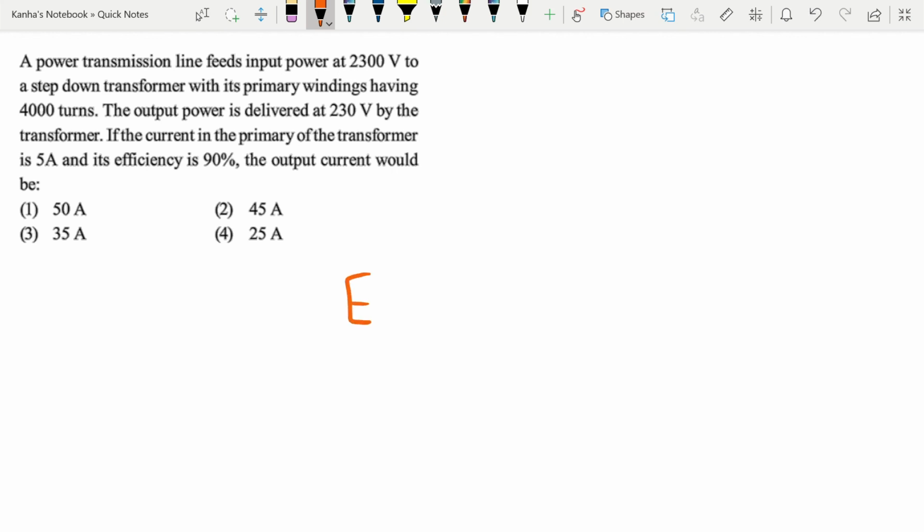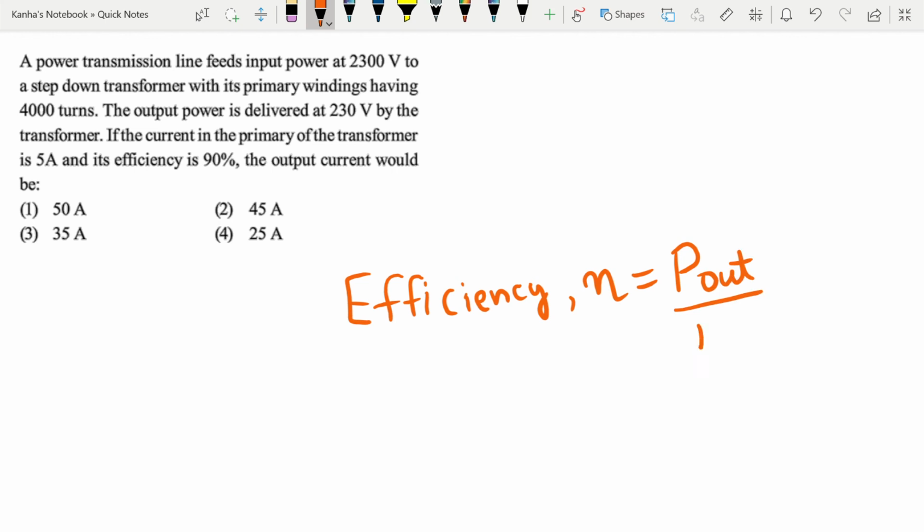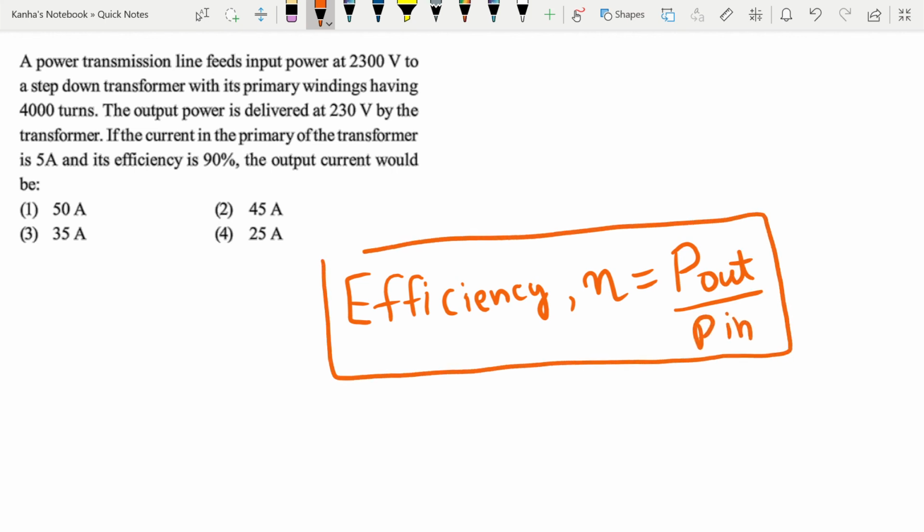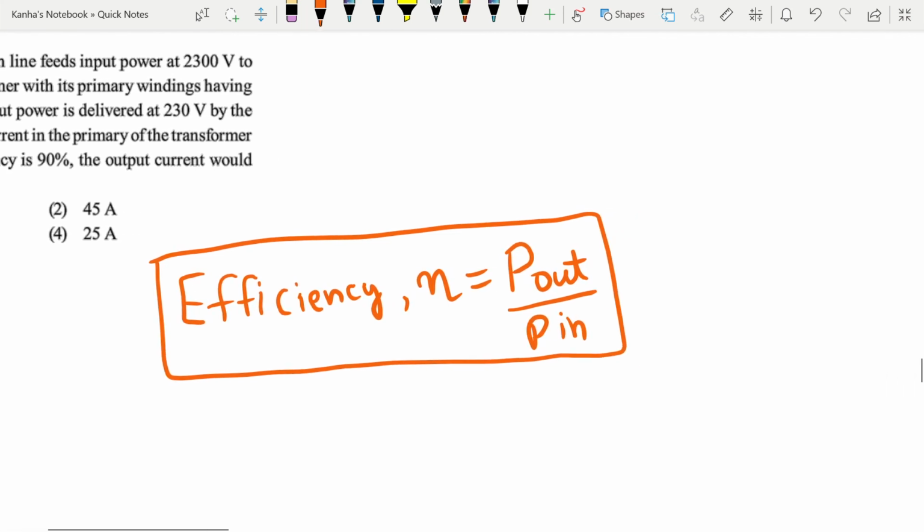So my efficiency of a transformer, which is denoted by eta, is nothing but the power out by power in. First of all, I want you to make a note of this formula. Now we know that power out is nothing but V of secondary into I of secondary divided by V of primary into I of primary.